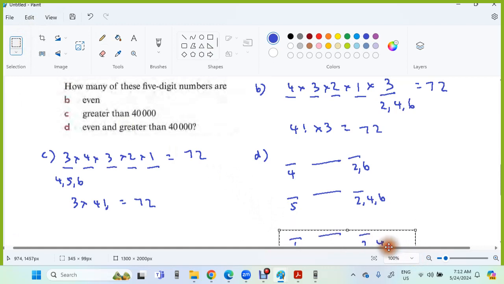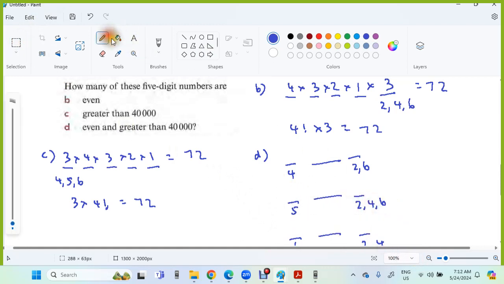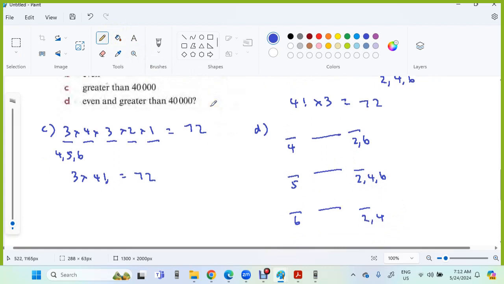So if we start with 4, start with 5 and start with 6, then all of this will be greater than 4,000. So 1, 1, 1, this is 2, 2, 3 here. Then the middle here, after we use 2, we have 3 left. So this is actually 3 factorial.